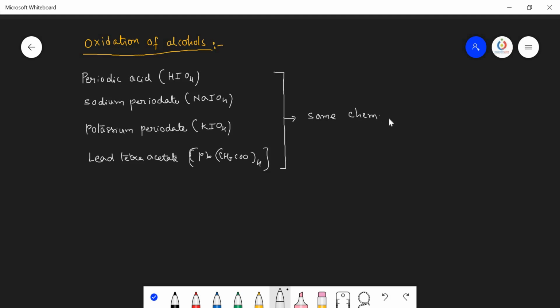These four oxidizing agents have the same chemical behavior towards the alcohols.